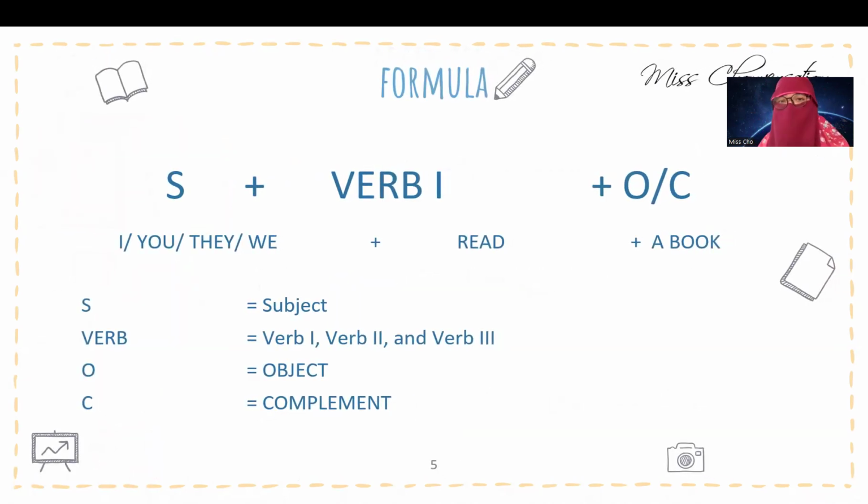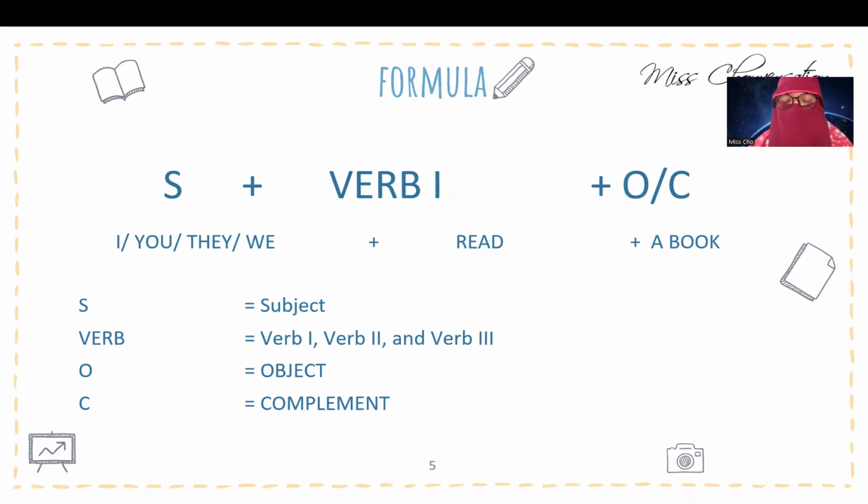Now Miss Jo wants to explain from this presentation. When we are talking about simple present tense, there is a formula: subject plus verb 1 plus O or C, object or complement. S stands for subject, and verbs can be verb 1, verb 2, verb 3, but in simple present tense we only use verb 1.